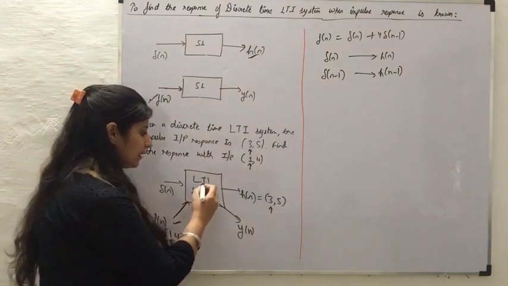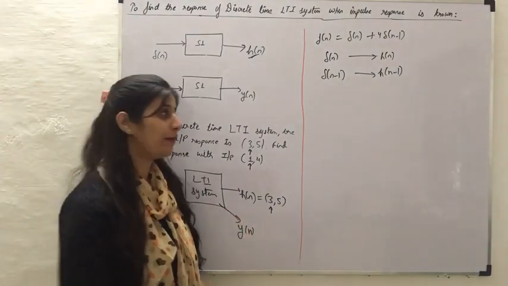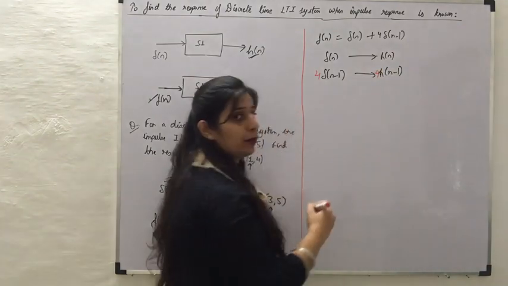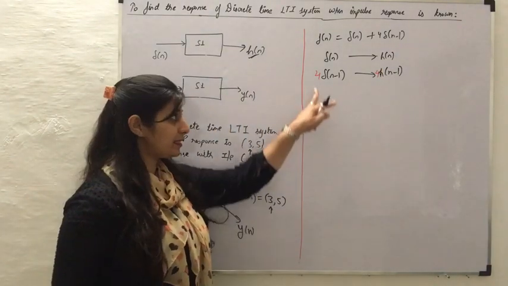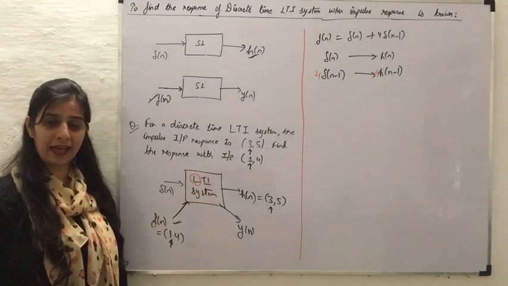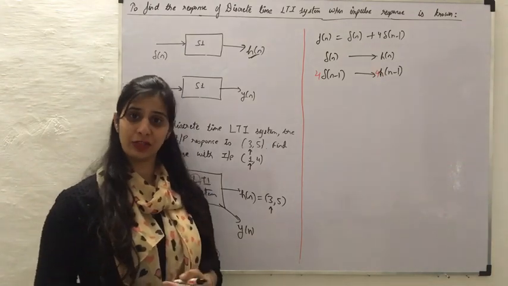Also when I multiply the input with 4, the output should also get multiplied with 4, because the system satisfies the property of linearity, which comprises the superposition principle and the homogeneity principle.